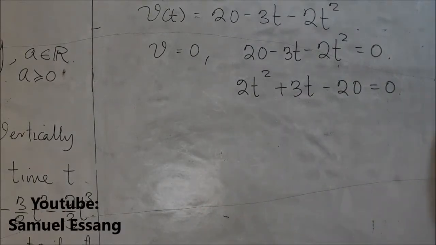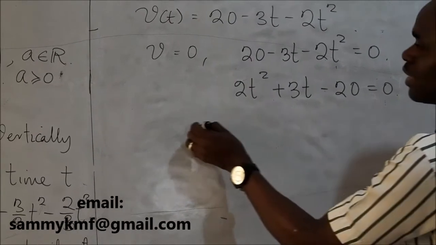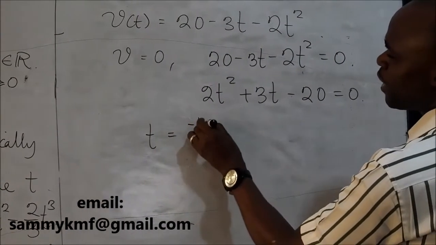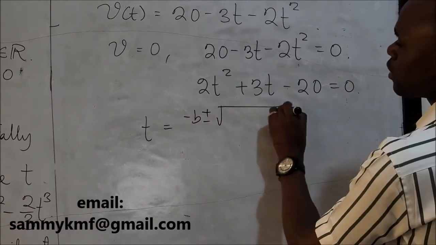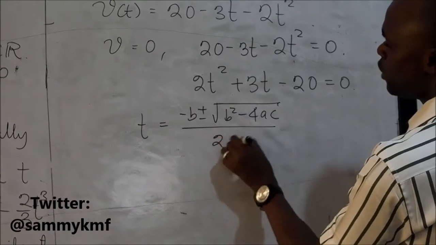That's a quadratic equation. So how do we solve this quadratic equation? We can use the quadratic root formula, which is minus b plus or minus the square root of b squared minus 4ac, divided by 2a.